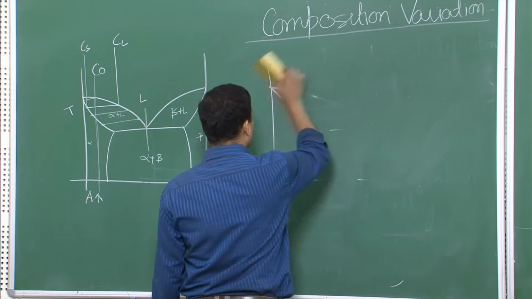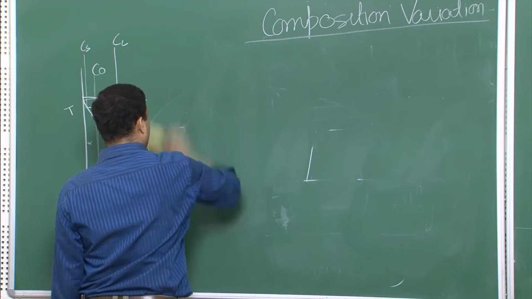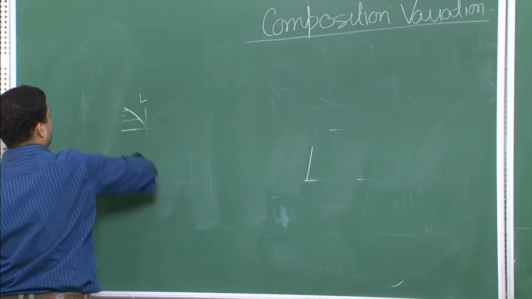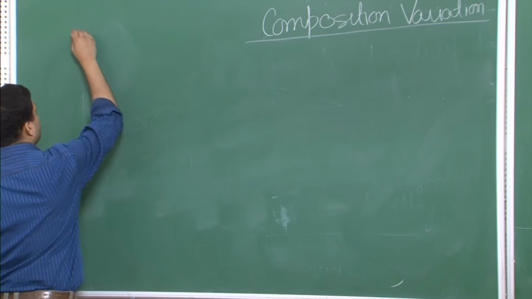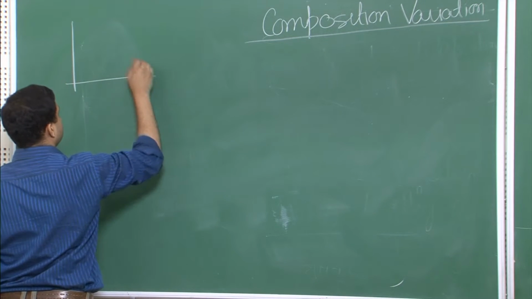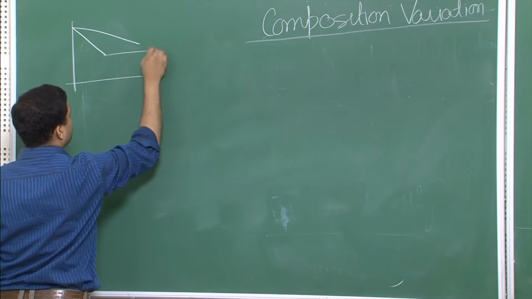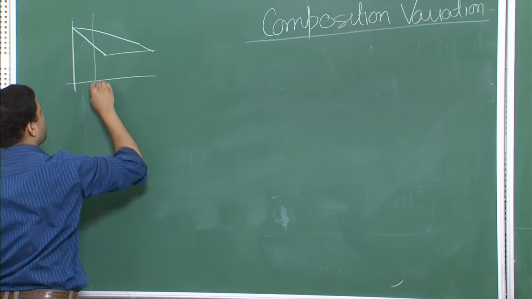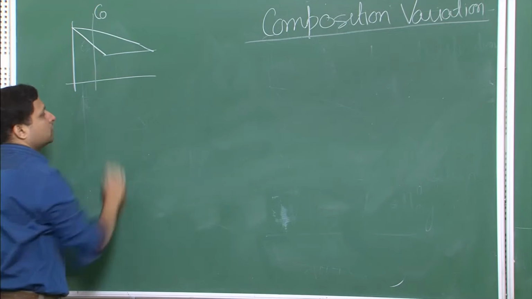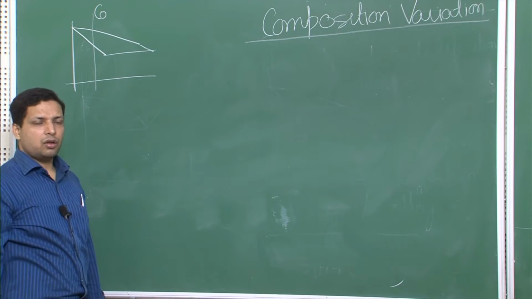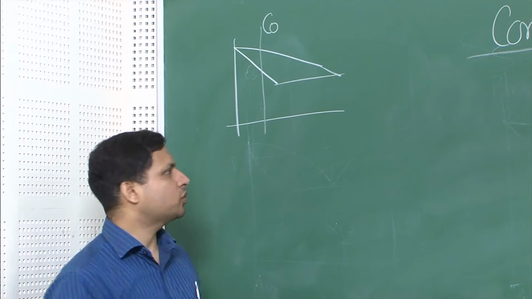Now, the solidification that will take place, if you look at the phase diagram again, will not be very simple. Just as a simple example, look at this. Let us say this is our C naught, the composition of the alloy that we want to solidify.